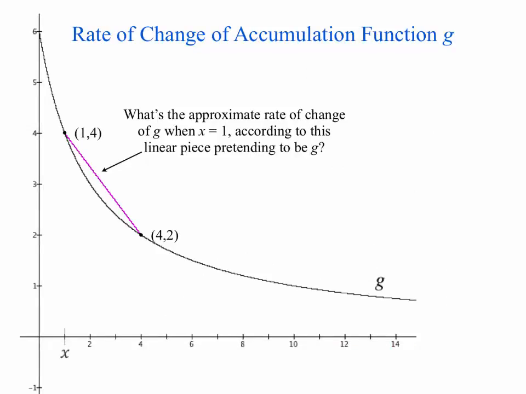So here's this function g, and I'm showing a line through points (1, 4) and (4, 2) that are points on g. What's the approximate rate of change of g when x equals 1 according to this purple-pink linear piece pretending to be g? Go. What is the approximate rate of change when x equals 1 according to this linear thing pretending to be the accumulation function g?